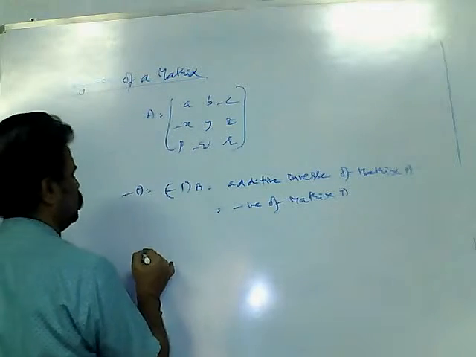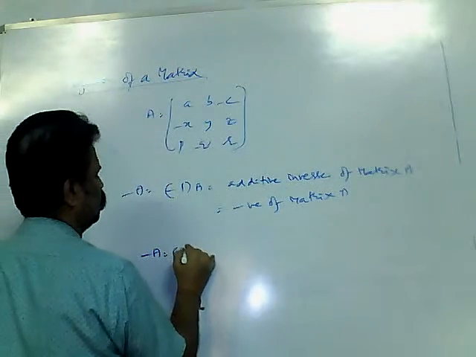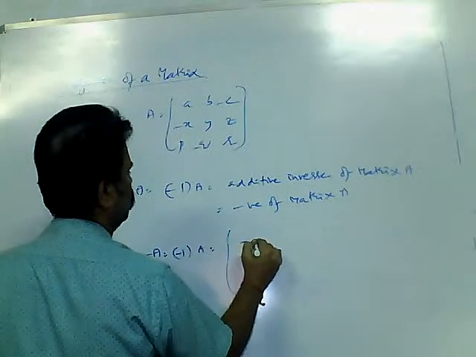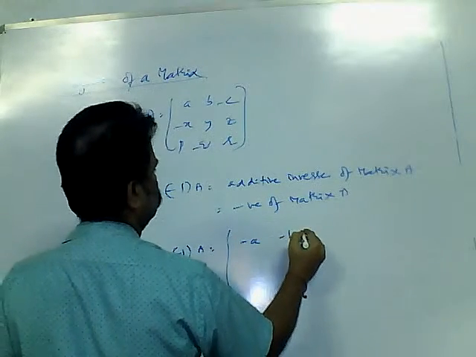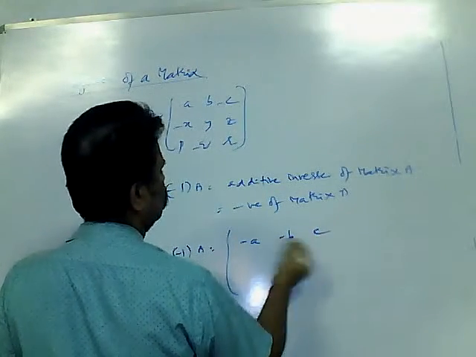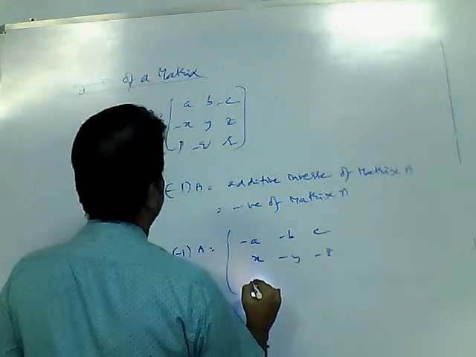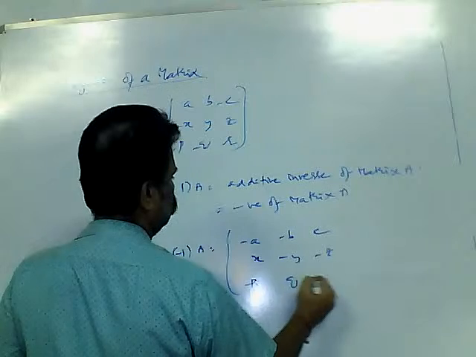So minus A is equal to minus 1 into A, which is nothing but multiplying with minus 1. So a becomes minus a, b becomes minus b, minus c into minus 1 becomes c. So elements keep changing their signs: minus p, q, minus r.